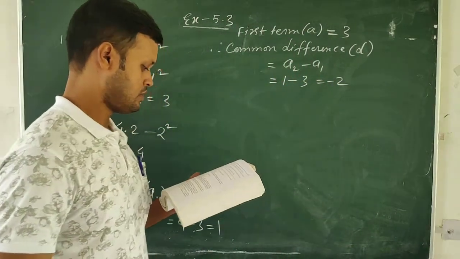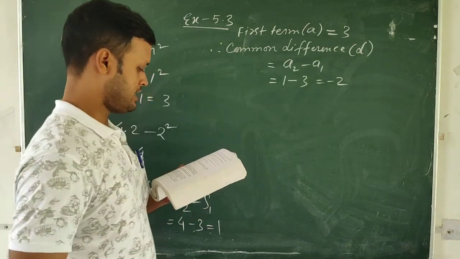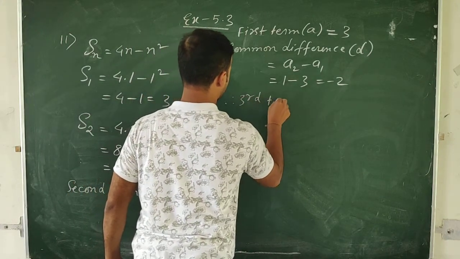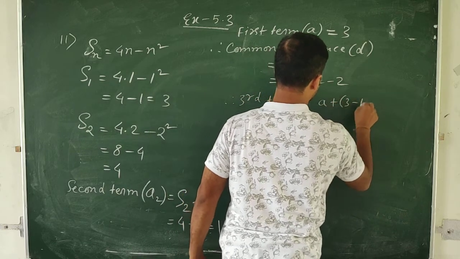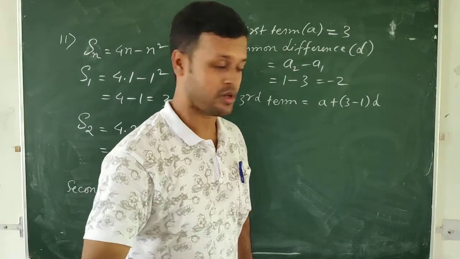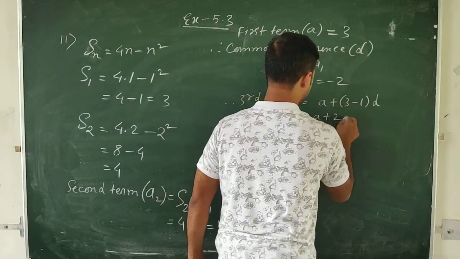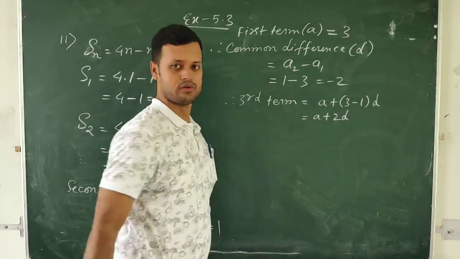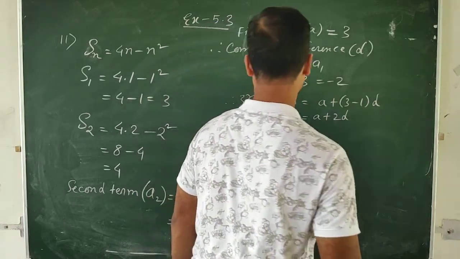So similarly find the third term. Third term, as we usually write, A plus 3 minus 1 into D. The nth term is A plus n minus 1 into D. So the third term is A plus 3 minus 1 into D. Most of the time, for the third term we will write A plus 2D only.